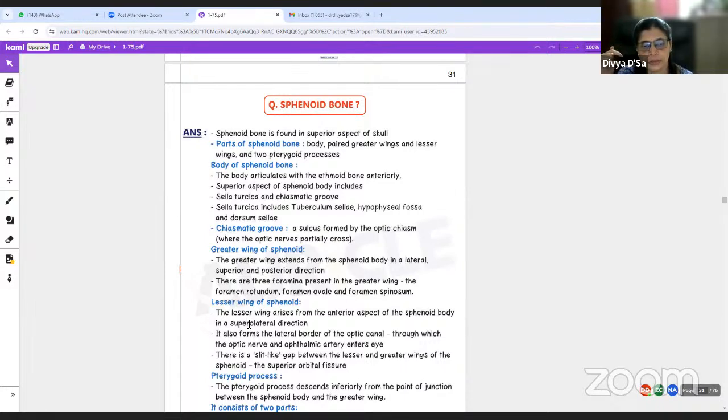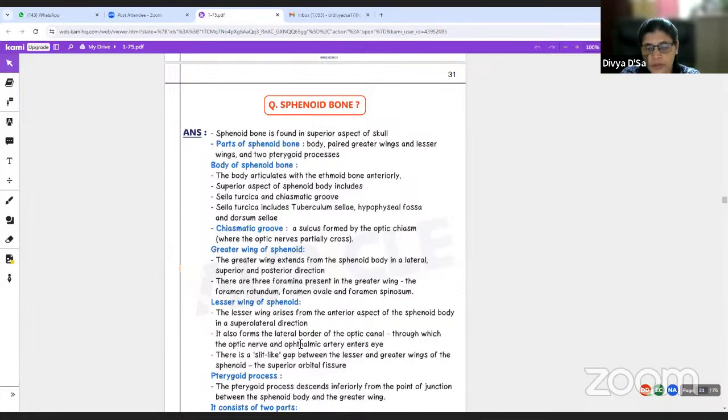The greater wing of the sphenoid extends from the sphenoid body in lateral, superior and posterior directions. In the greater wing, we see the foramen rotundum, foramen ovale and foramen spinosum. The lesser wing arises from the anterior aspect of the sphenoid body and goes in a superior lateral direction.